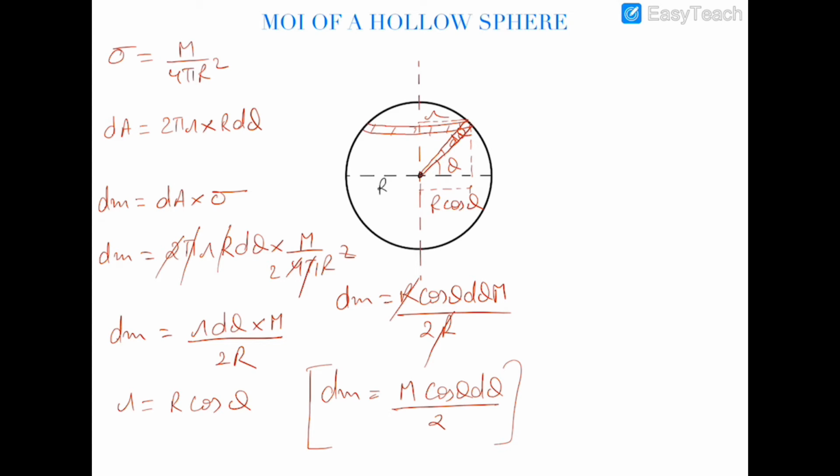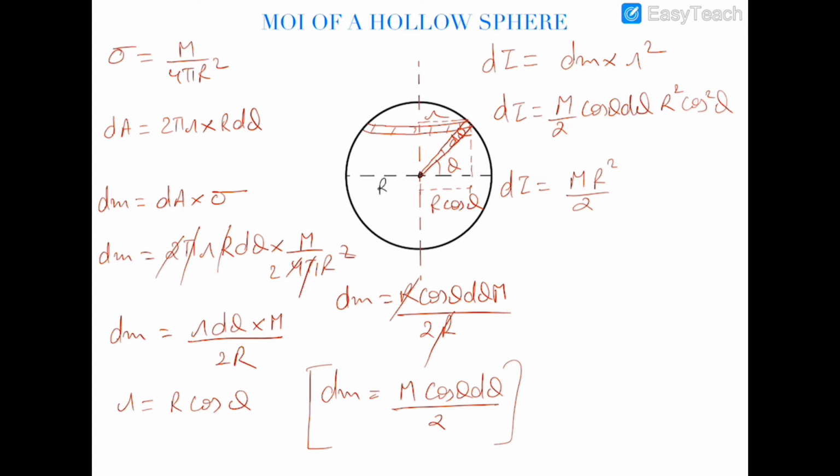So the moment of inertia of this element dI would be dm into small r square, and dI therefore would be m upon 2 cos theta d theta into small r is r cos theta. So dI would be equal to m r square by 2 cos cube theta d theta. So this is the moment of inertia of this elemental ring about its center of mass axis.